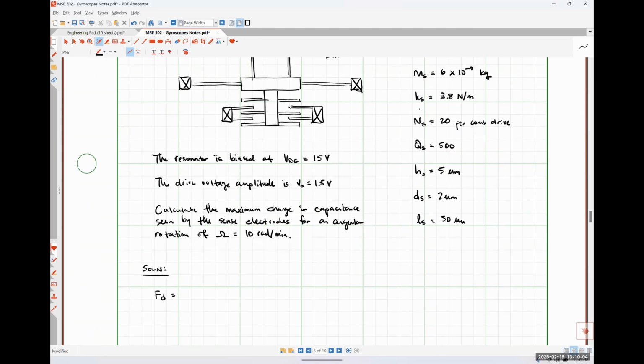All right. So calculating our force. This is going back to the lecture on capacitive actuation or electrostatic actuation, where we have a system where we have both a DC voltage and an AC voltage that are going to be applied.